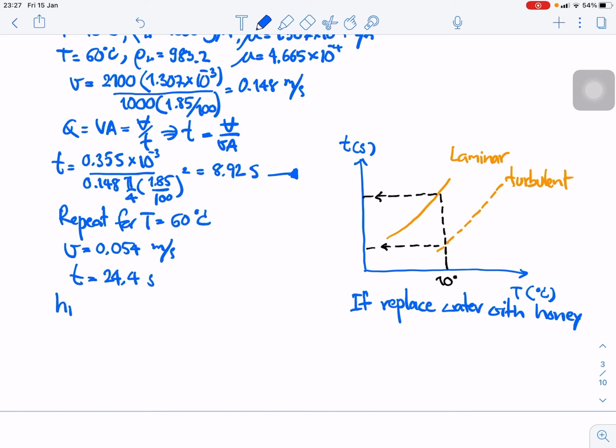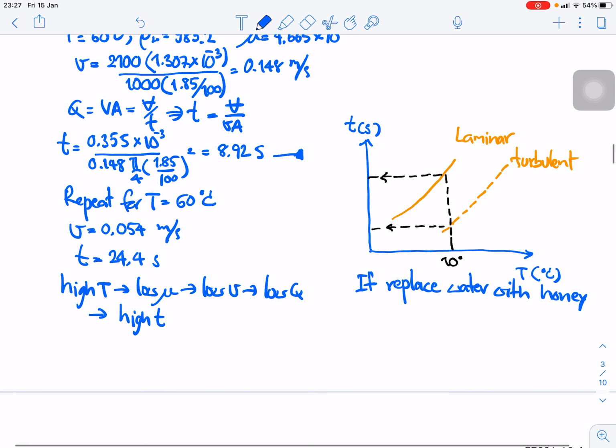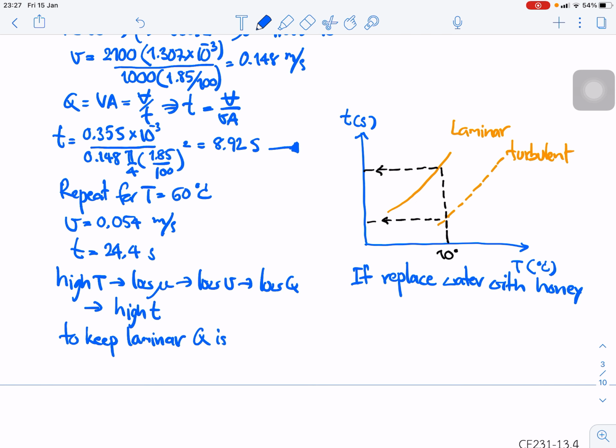So in this case, we can say that at a high temperature, we get a low kinematic viscosity and that provides a low velocity and low Q, and finally gives a high time. In this case, if you want to keep the flow laminar, Q is decreased.